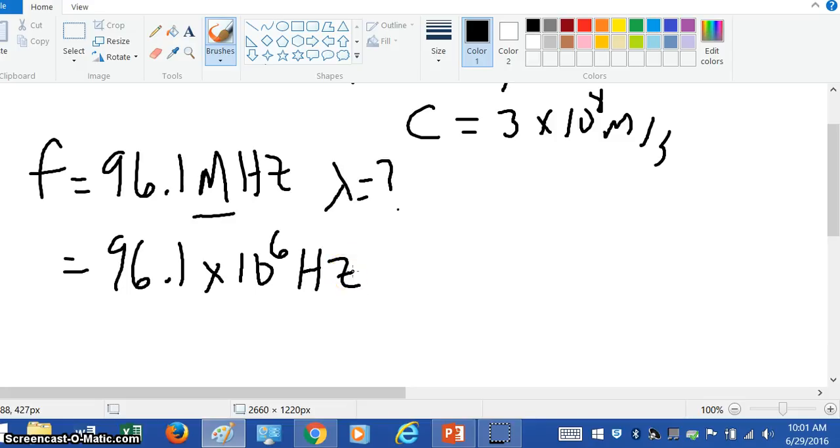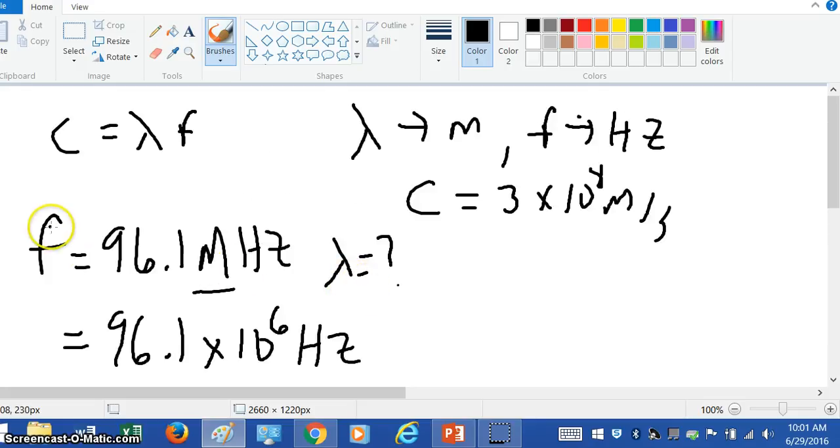So if we go back to the original equation, we have to solve this for lambda. I'm just going to divide both sides by f. The f's cancel on that side.